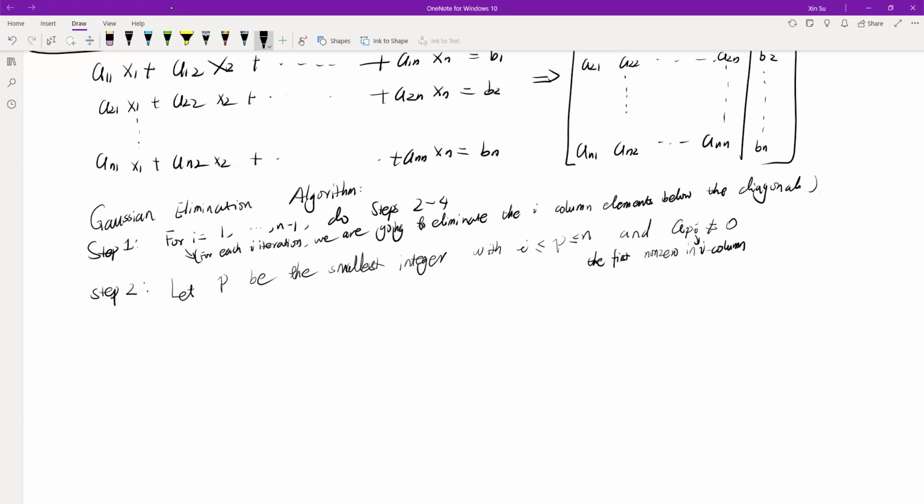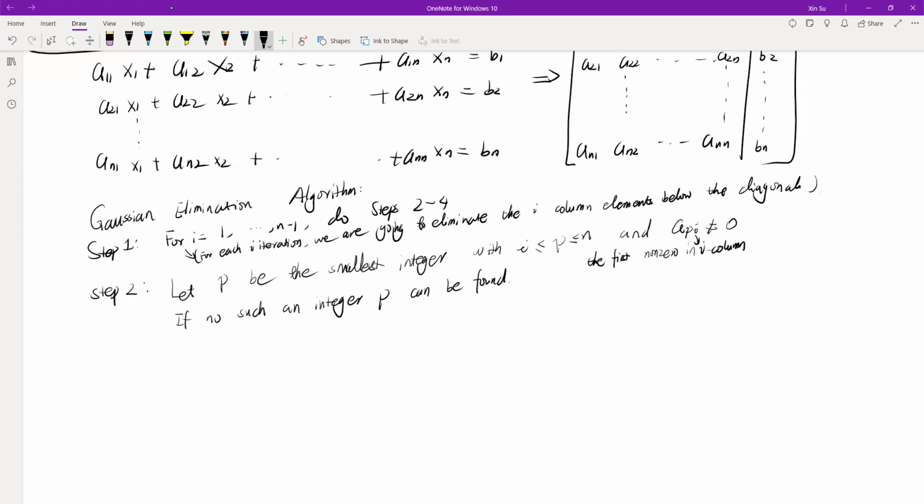And if no such integer P can be found, then what should we do?